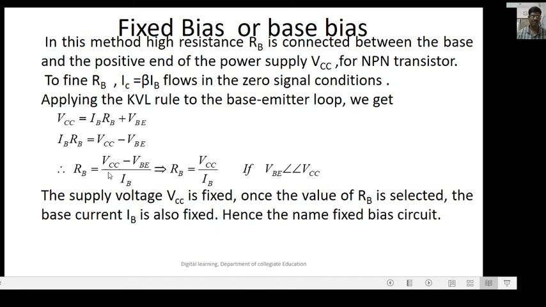Therefore RB is equal to (VCC minus VBE) divided by IB. If VBE is very much less than VCC, we get RB equal to VCC divided by IB. The supply voltage VCC is fixed. Once the value of RB is selected, the base current IB is also fixed. Hence the name fixed bias circuit.